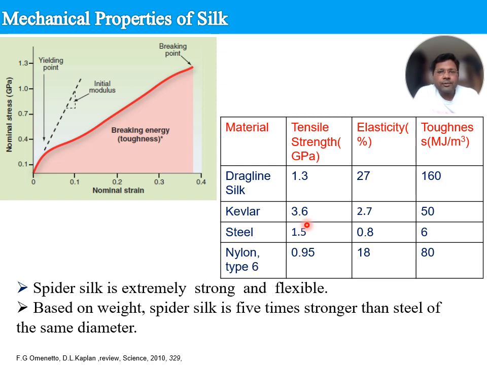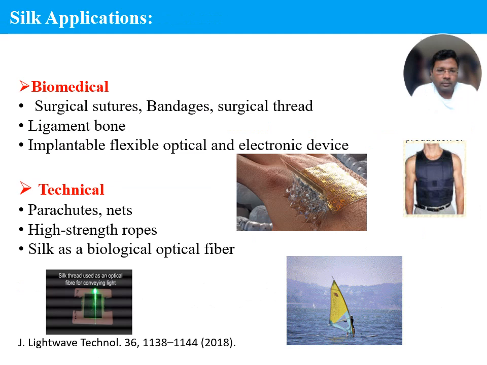And in terms of toughness, spider silk toughness is 160 megajoule per meter cube, which is substantially higher than Kevlar, steel and nylon. So here we can say that spider silks are extremely strong and flexible, and based on weight, spider silk is 5 times stronger than steel of the same diameter.